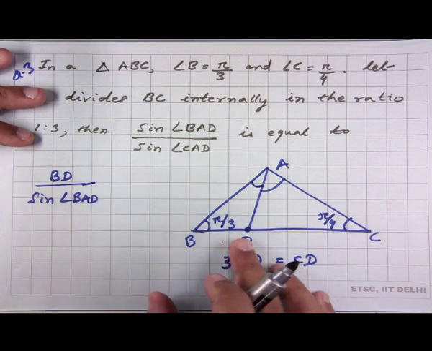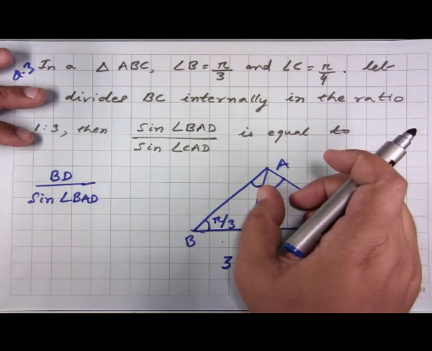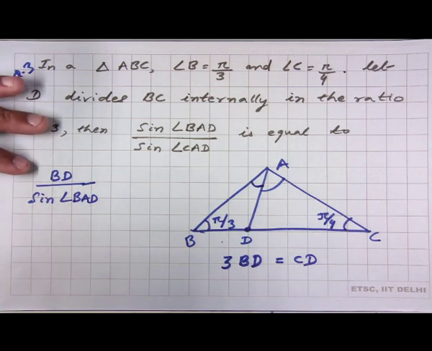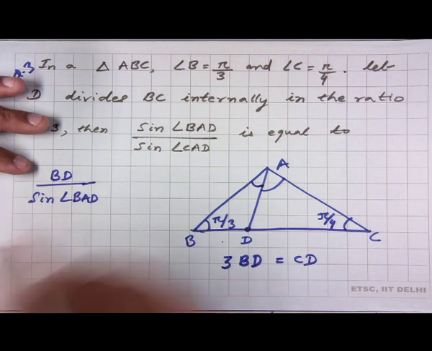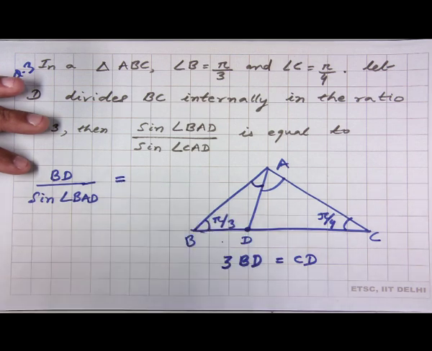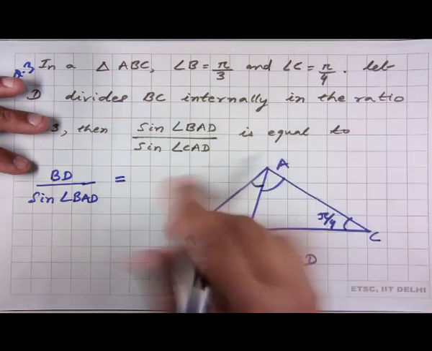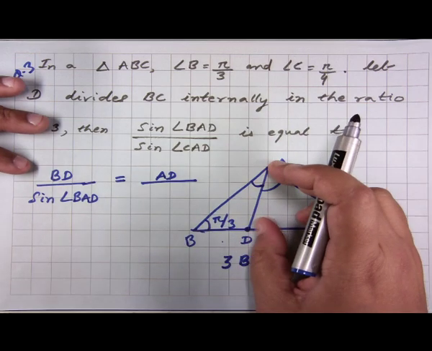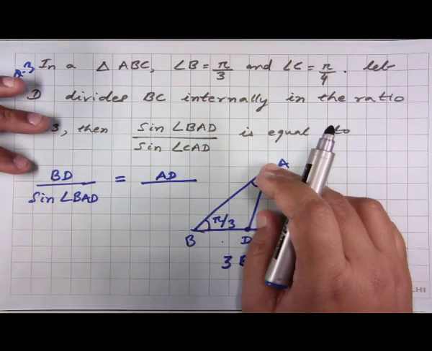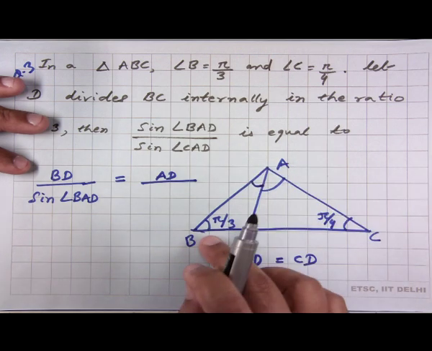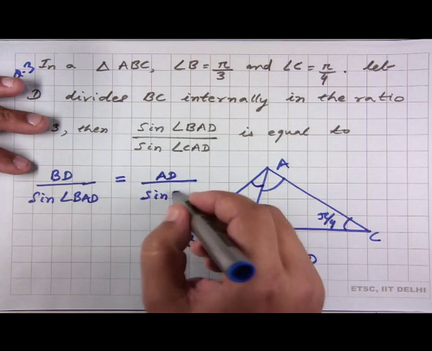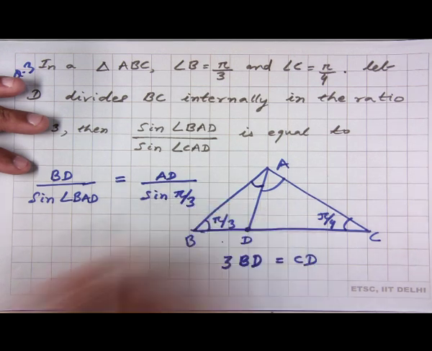So, BD is the side opposite to the angle BAD, and therefore, this is the ratio in the sine law formula, and this should be equal to AD upon the sine of the angle opposite to AD in this triangle BAD. So, that angle is pi by 3. So, AD upon sine of pi over 3.